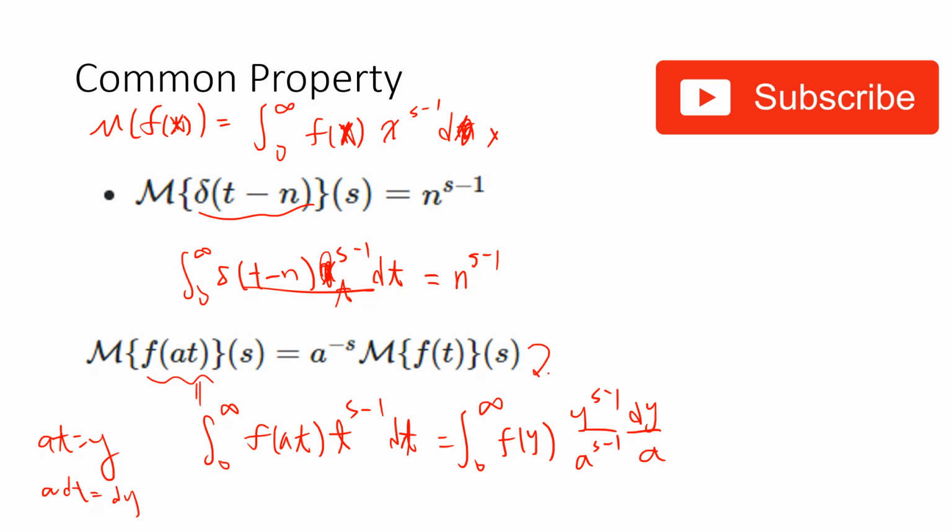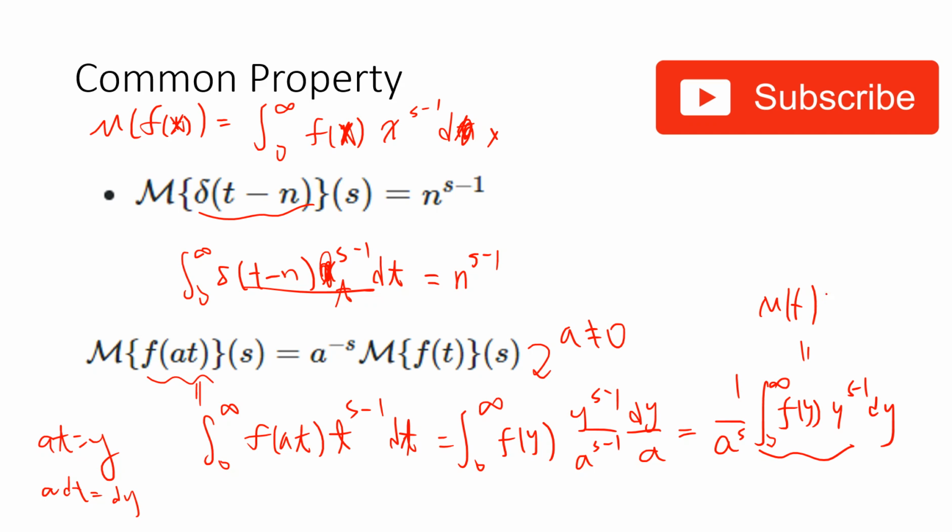Just remind you that a should not be 0. So we get a^(-s) times the integral from 0 to infinity of f(y) y^(s-1) dy. This is the Mellin transform of f(t), because y is a dummy variable and the variable is s, so we just multiply by this factor.